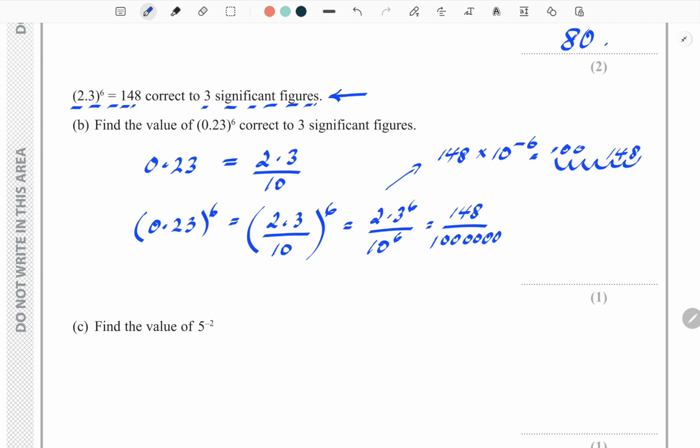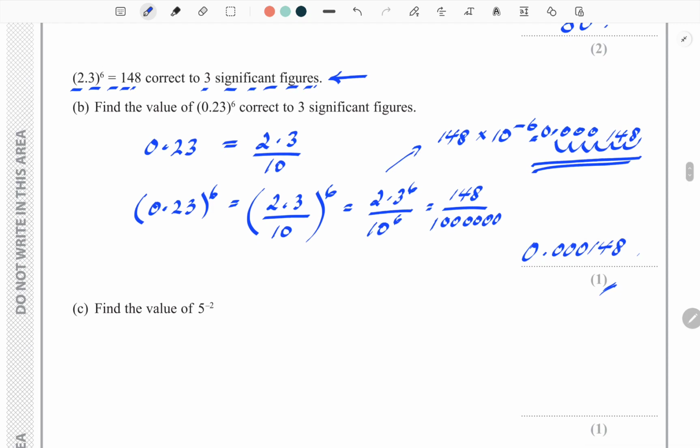Decimal place goes there, and so on. So if that makes sense, that's one way of doing it. Or you can just put 148 over a million, and you come up with exactly the same answer. There we go. Only one mark, so there shouldn't be that much working involved.